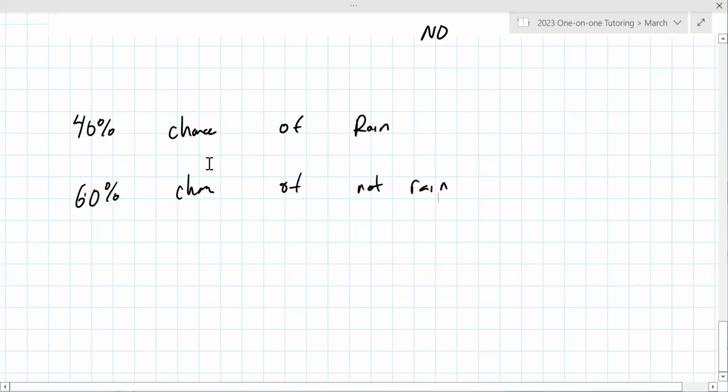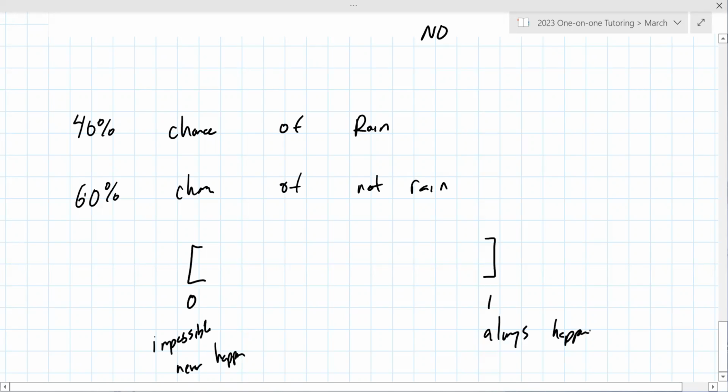So often people confuse probabilities with something else. Here's the spectrum of probabilities: 0 to 1. 0 means it's impossible or will never happen. 1 means it will always happen. So it's very rare when you want to actually say something has a probability of 0. Do you know what I mean by that? Like, can you think of something in your life where someone says, well, that would never happen, and then it does? Oh, yeah. So you want to be very careful with that.